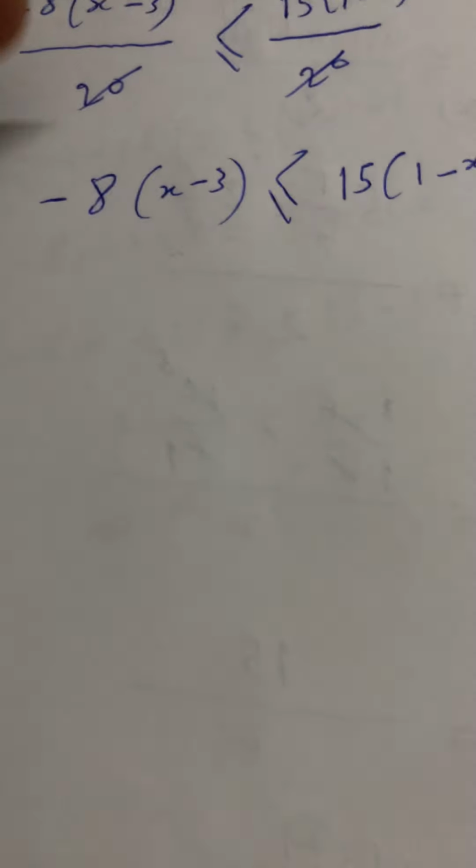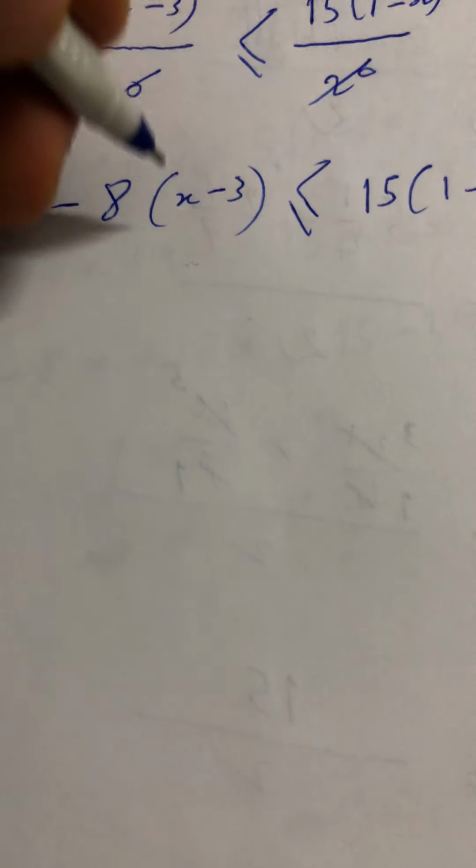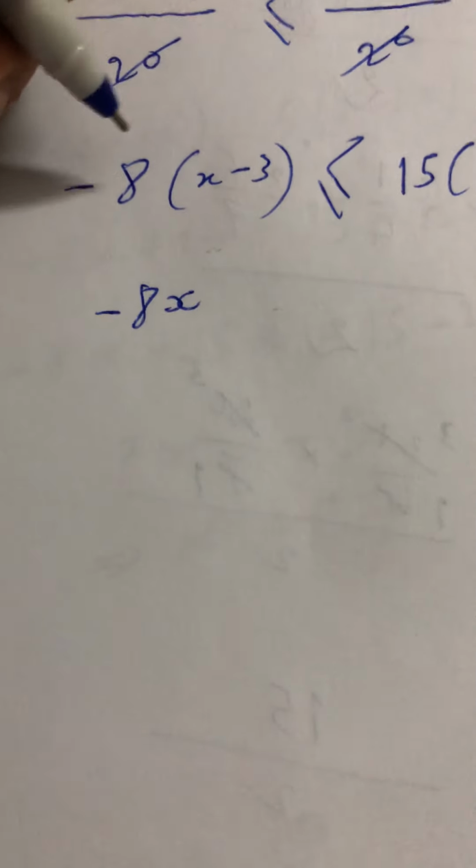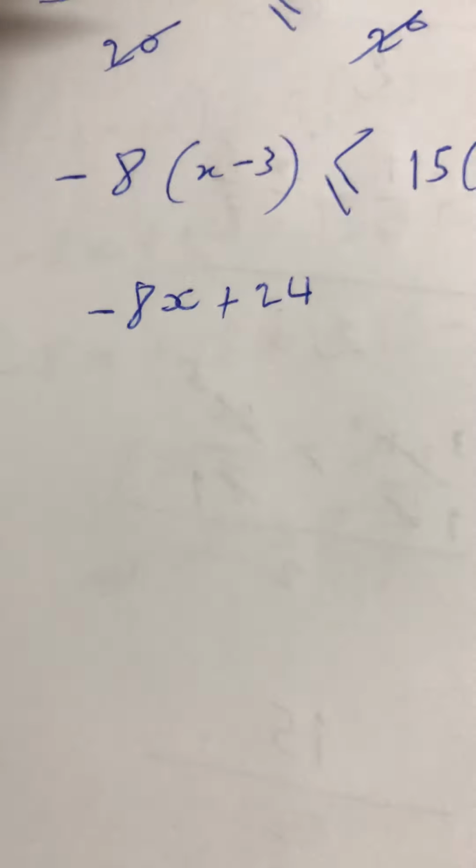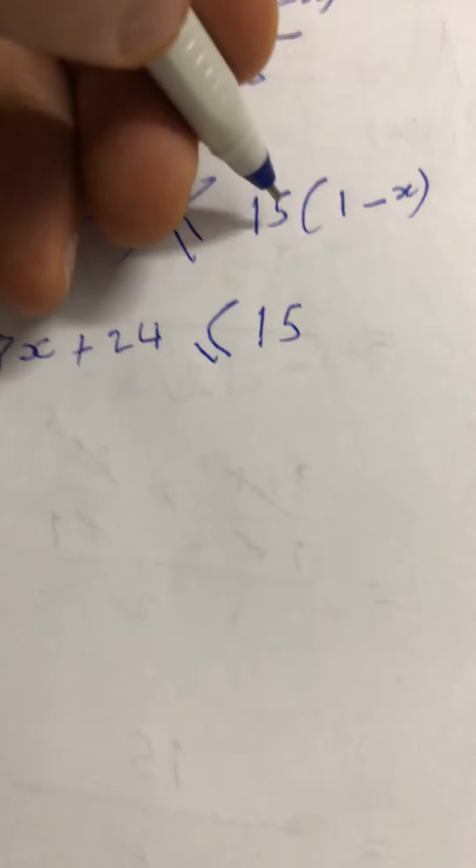Okay, now I expand. Minus 8 times x, minus 8x, minus 8 times minus 3, plus 24, less than or equal to 15 times 1, 15, 15 times minus x, minus 15x.